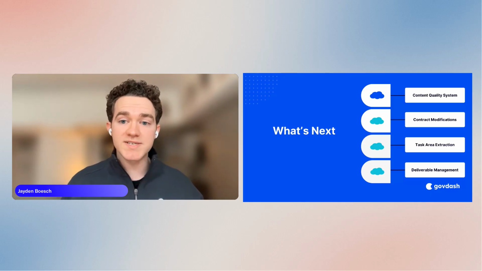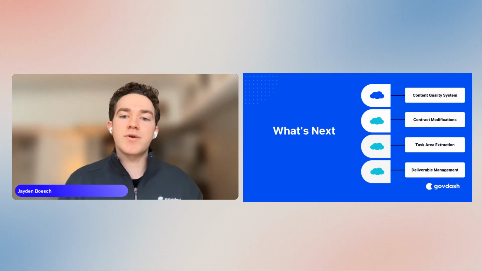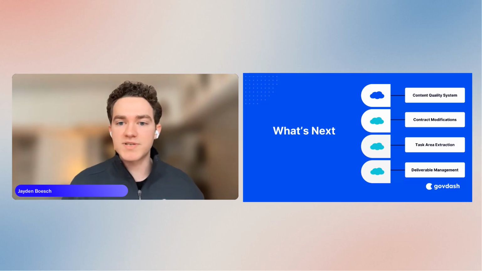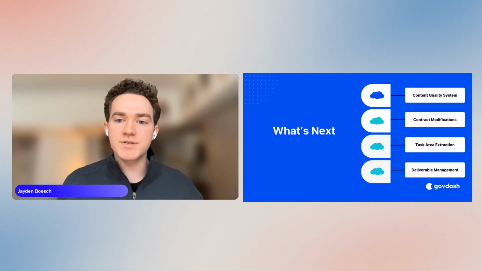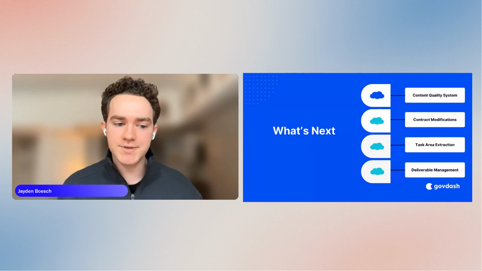We can just keep it all in the system, and you get all these nice benefits, like Dash can understand this information and the system gets a broader understanding of how far into this contract you are and what parts of the PWS you have actually completed. So that contract modification tracking is coming up soon. Definitely something to look out for. Next up after that is going to be task area extraction.